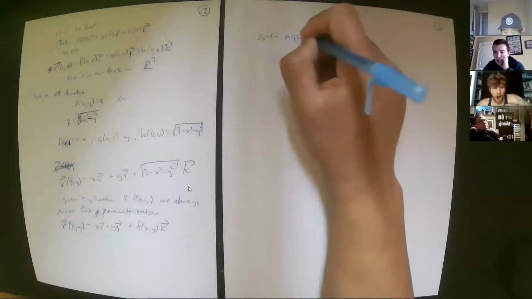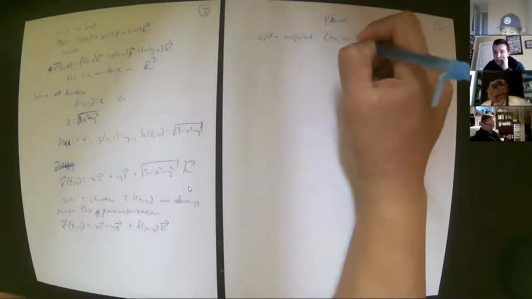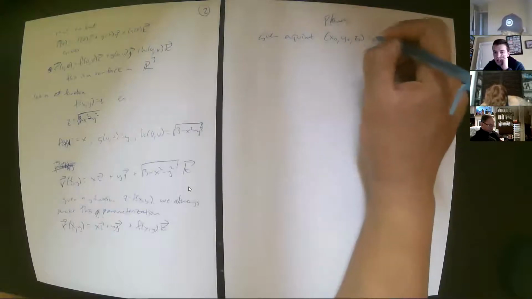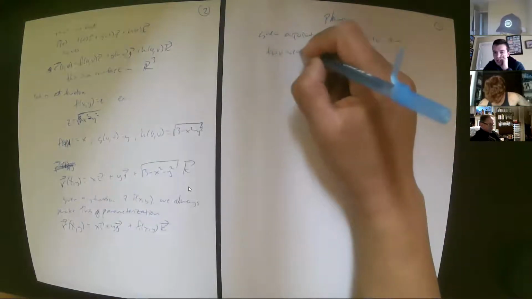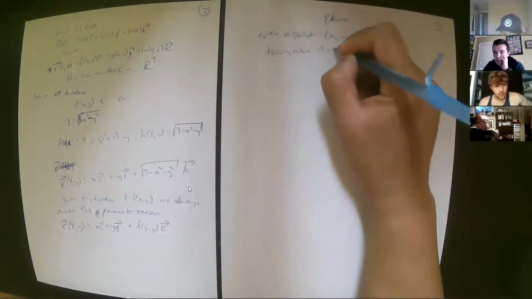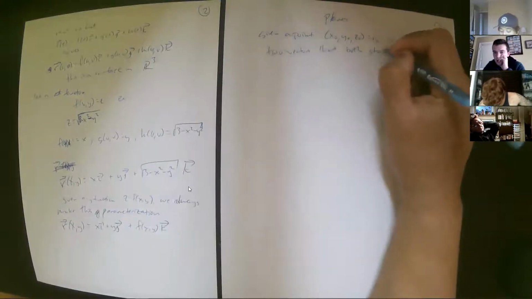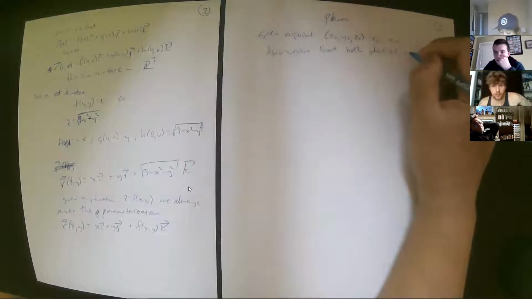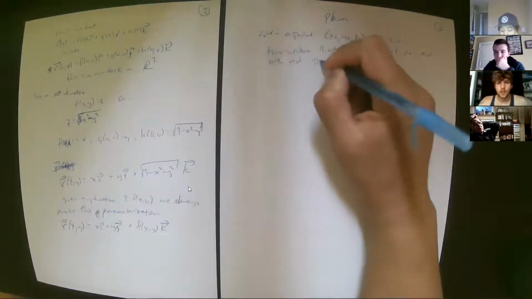Given a point x0, y0, z0 equals r0, and two vectors that both start at r0 and are not parallel.